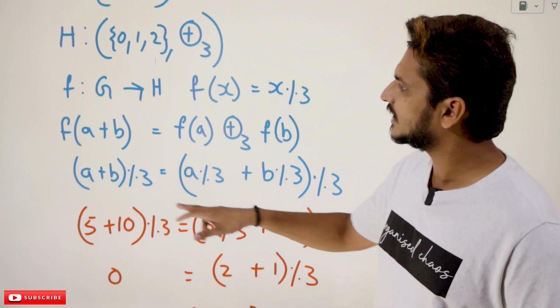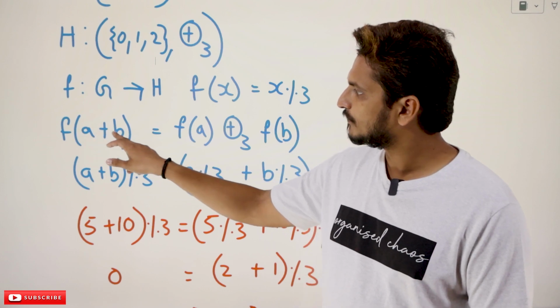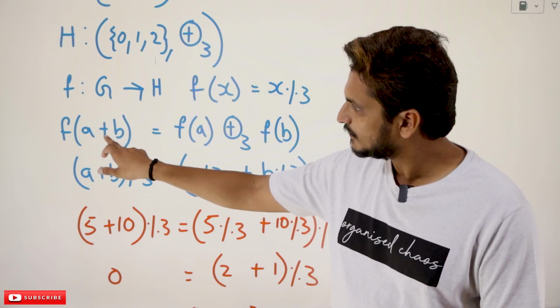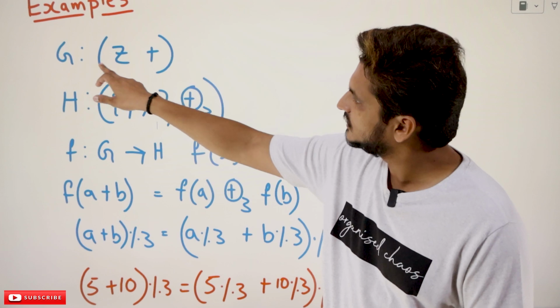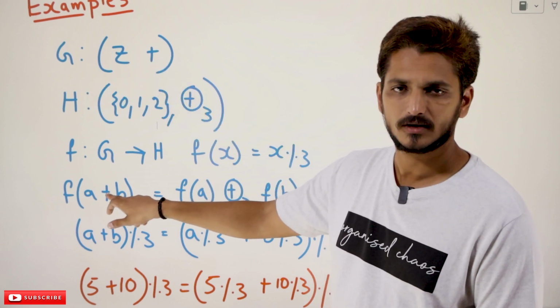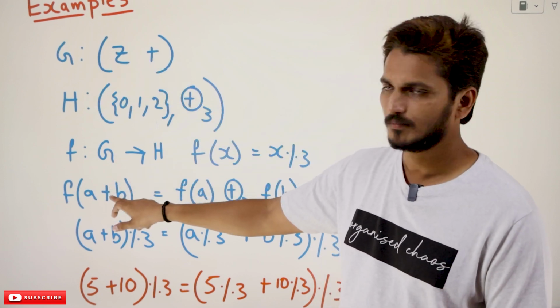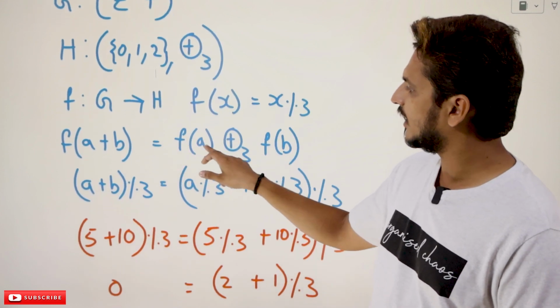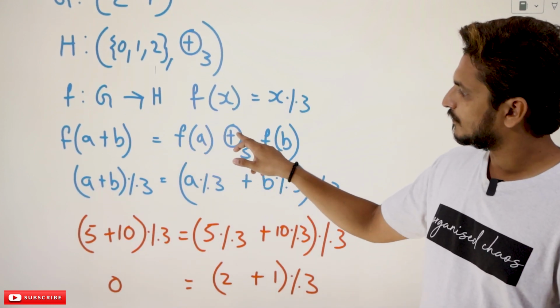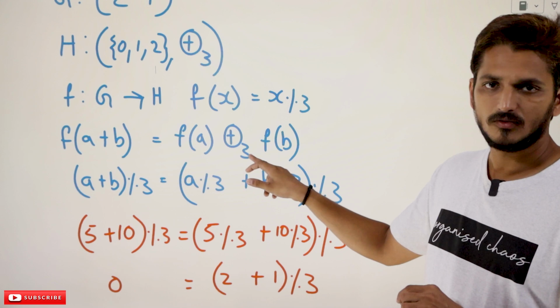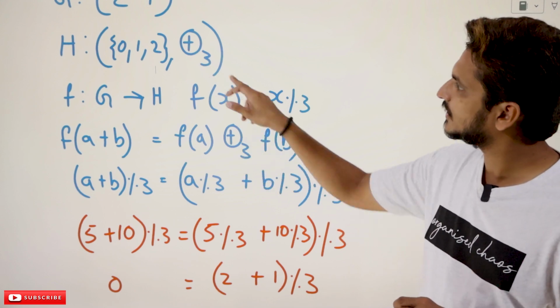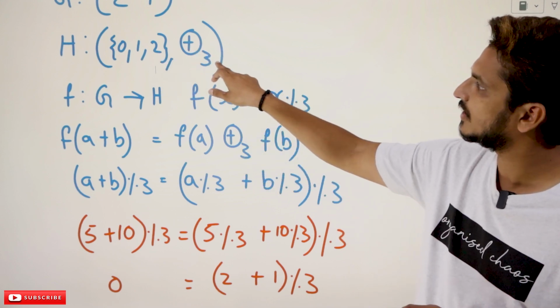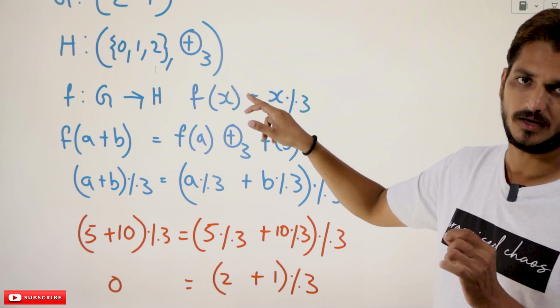So we need to check that f of a plus b equals f of a plus addition modulo 3 f of b. Why are we applying plus here? Because in G we have the plus operator. Why have we applied addition modulo 3 here? Because in H we have the addition modulo 3 operator.